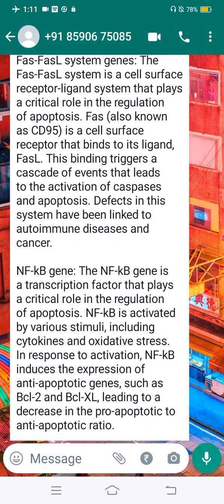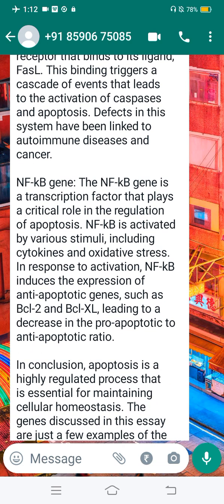Next is the NFKB gene. The NFKB gene is a transcription factor that plays a critical role in the regulation of apoptosis. NFKB is activated by various stimuli, including cytokines and oxidative stress.